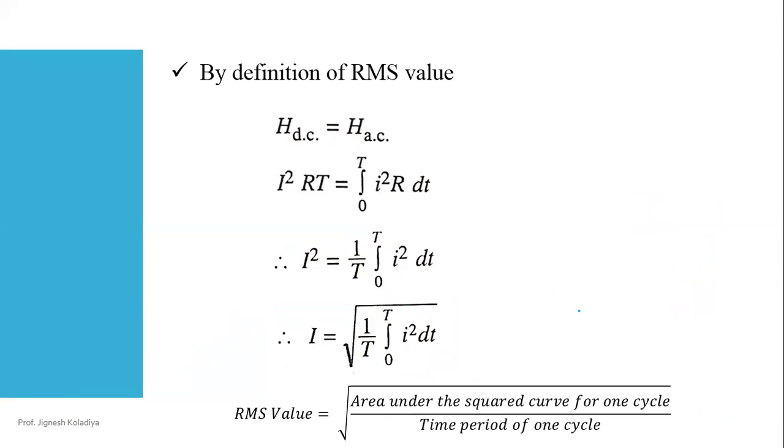If you want to write it for the voltage, because in both the cases we have discussed the current, but suppose I want to write for VRMS, then the equation will be very simple. Only you have to replace this quantity with the voltage. Let us see it.